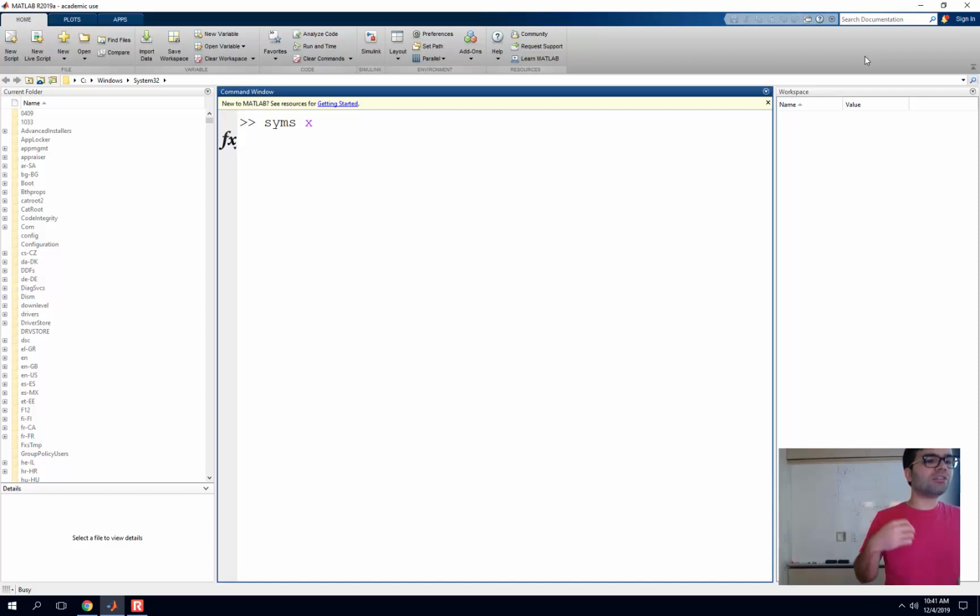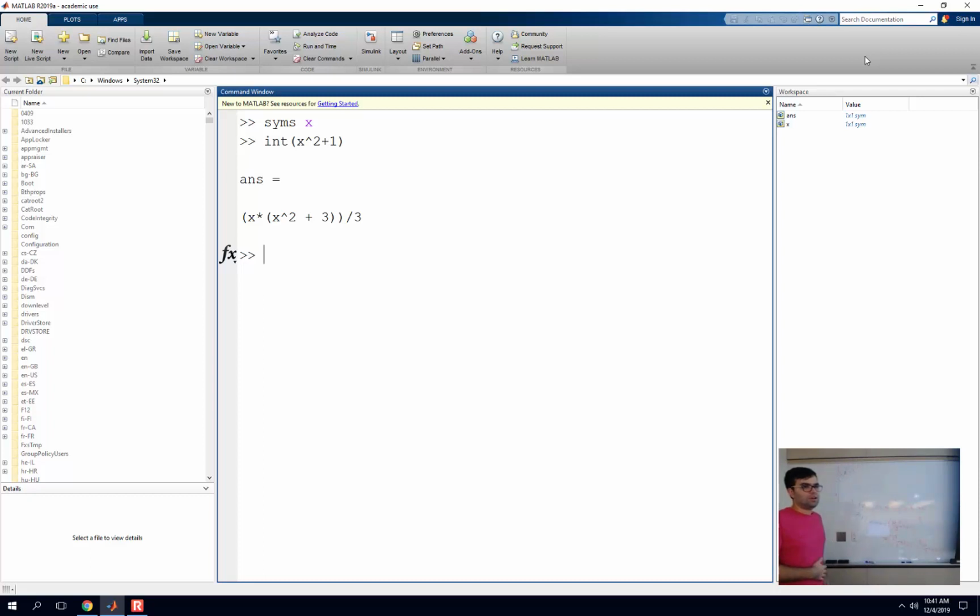X is not a vector. It's not a scalar. It's a symbol. Then to do the integral, I use int, integral. What it gives me is, again, not a value, it's a symbol.